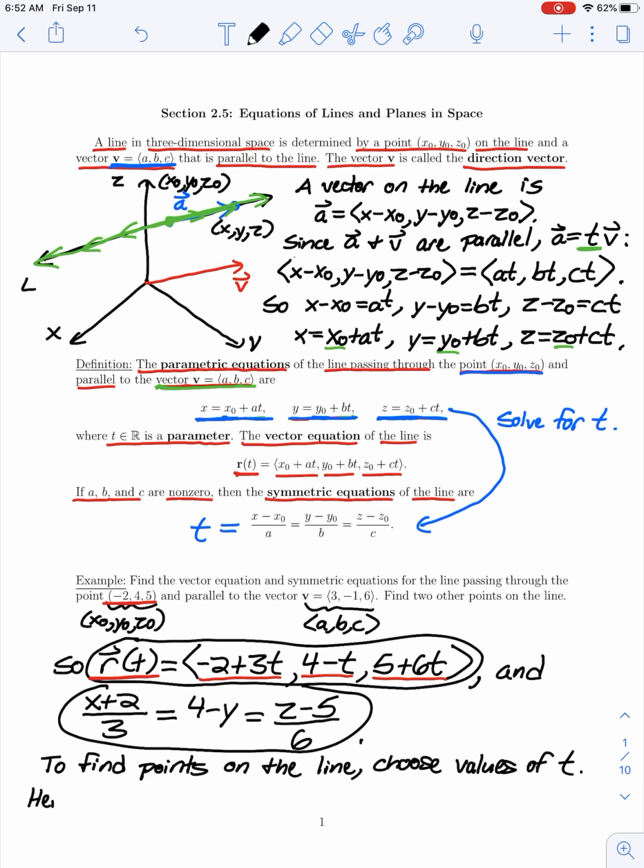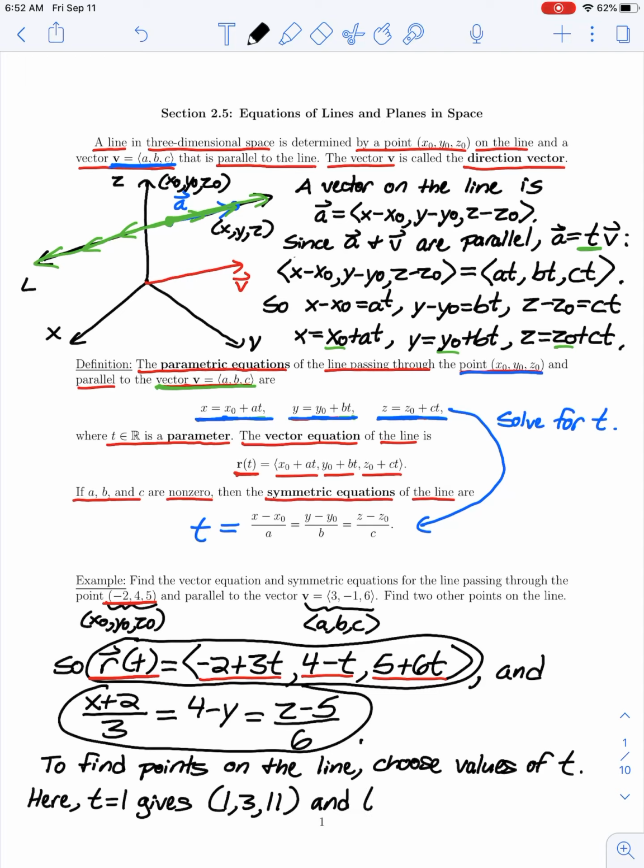So here we might use, if t is equal to 1, then we would have the components of our vector as 1, 3, 11. So that terminal point of that vector would be a point on our line.